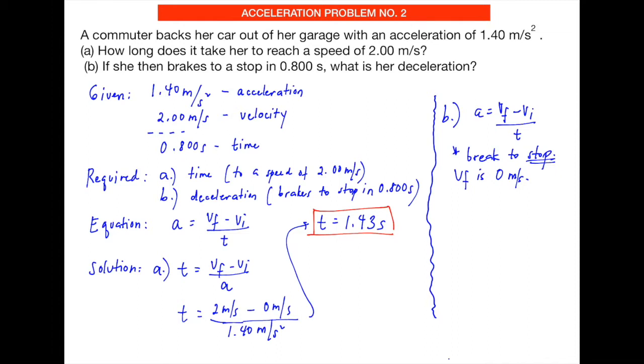So we have A equals Vf minus Vi over T. And then for our equation, that is 0 meter per second as our final velocity, minus 2 meter per second, over the total time, which is 0.800 seconds.